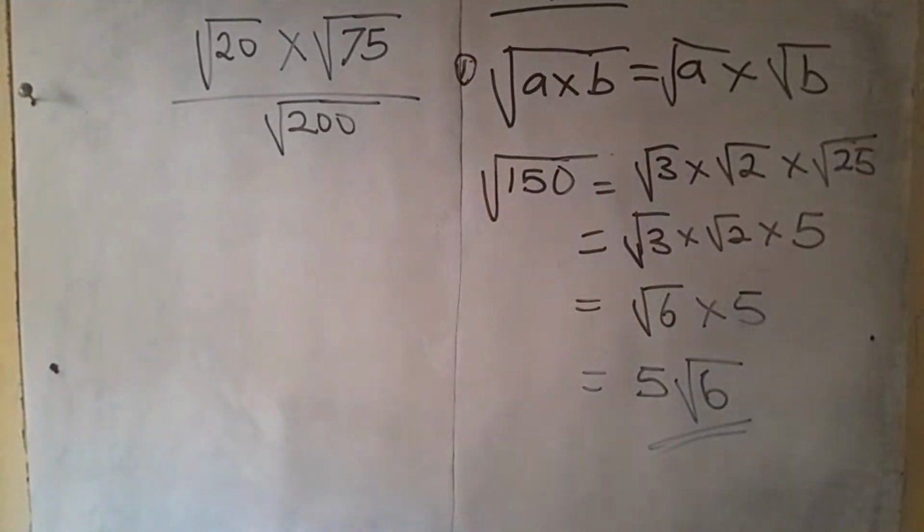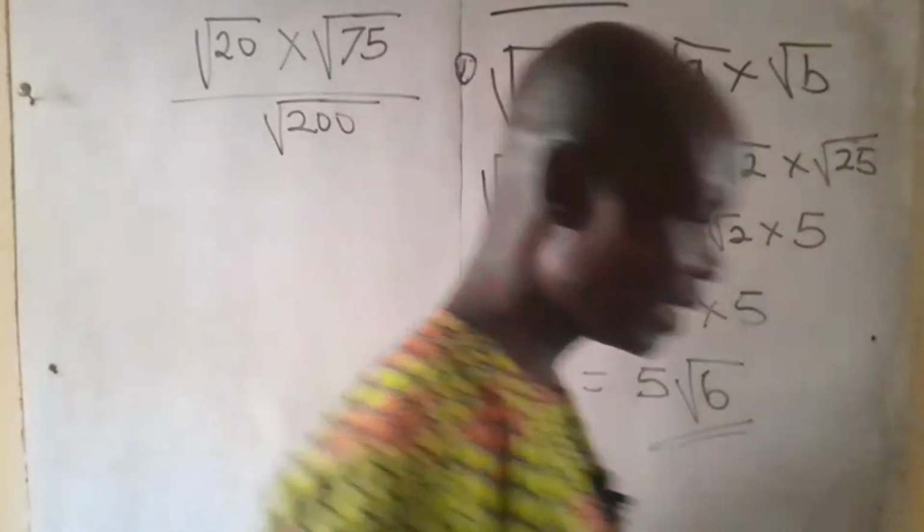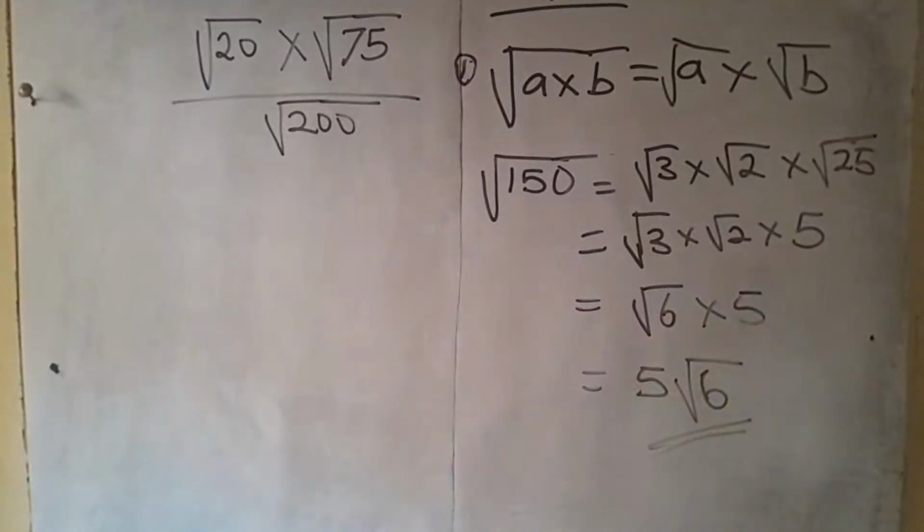Okay, so this is another question. So I am going to split it differently into their different simple forms. And then from there, we can now solve it. Okay, so let's do that.